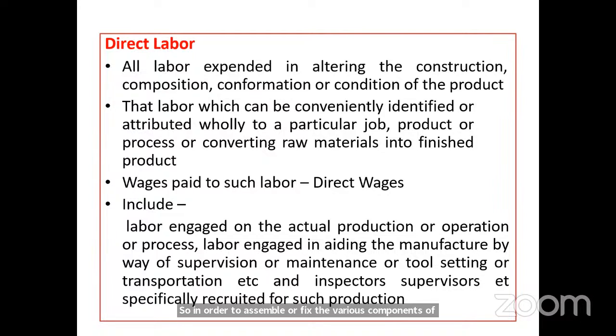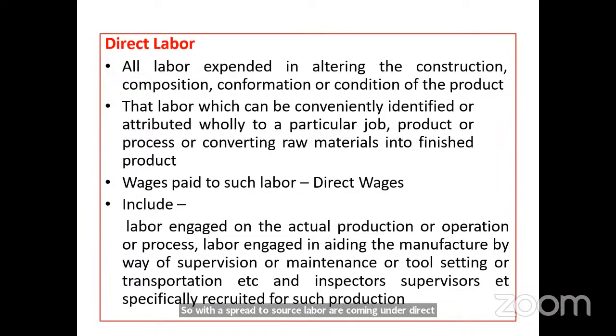The remuneration we pay to the automobile engineer comes under direct labor cost, because he has assembled our car by taking the various elements. It can be directly identified or directly traced. So wages paid to such labor come under direct wages.